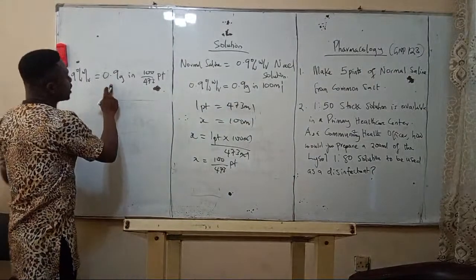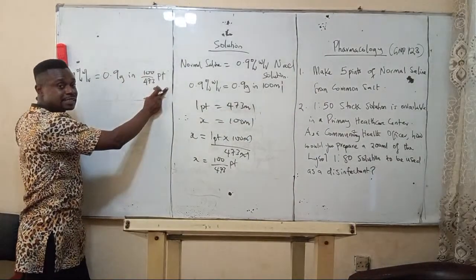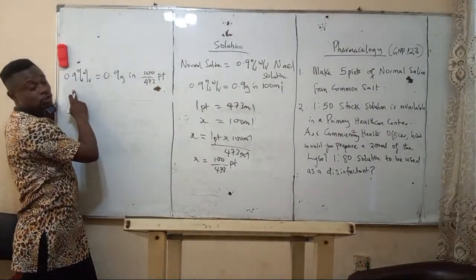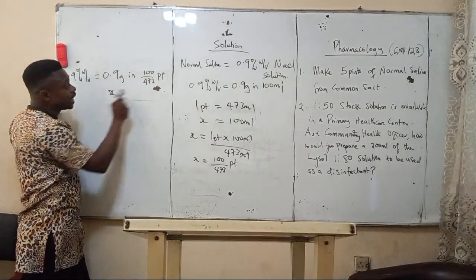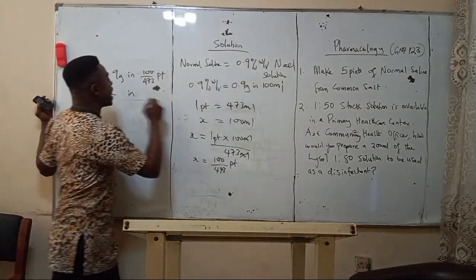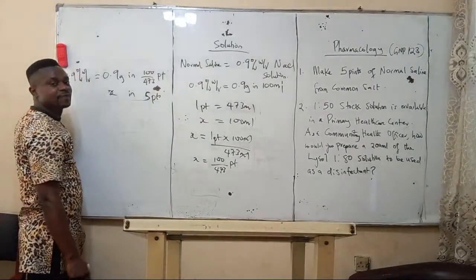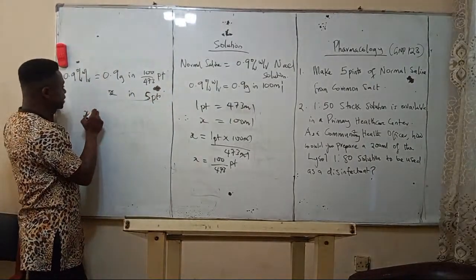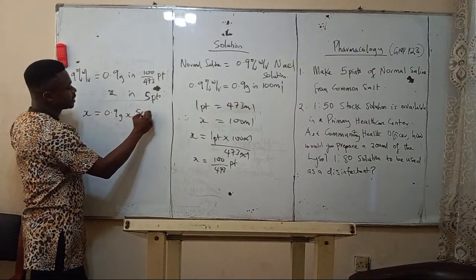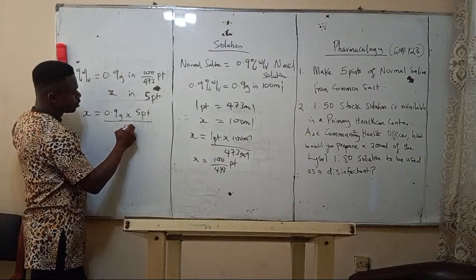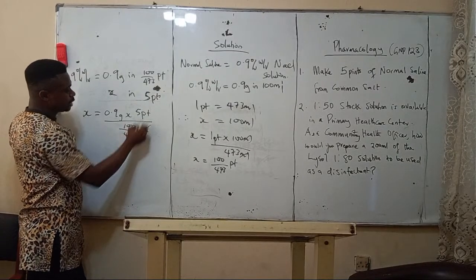So if 0.9 gram of sodium chloride is in 100 over 473 pints, to make it 0.9% weight in volume, how many grams of sodium chloride will be in 5 pints? Let's cross multiply. X will be 0.9 gram times 5 pints over 100 over 473 pints. Pint will cancel pint.